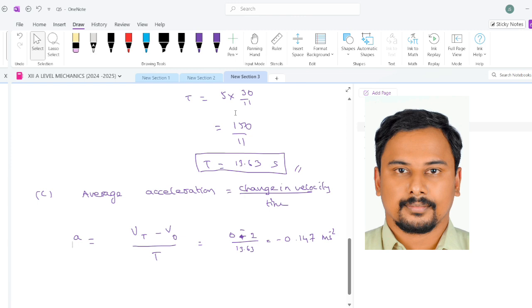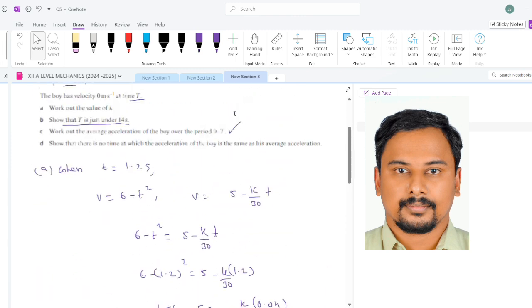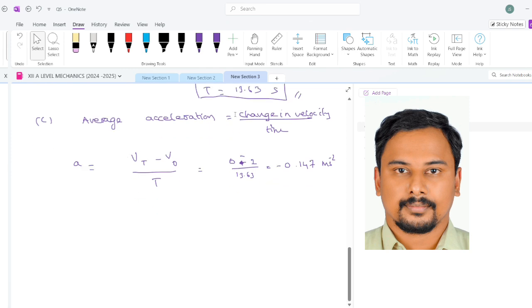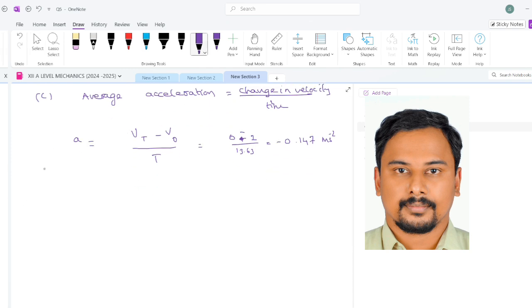Next, part D. Show that there is no time at which the acceleration of the boy is the same as his average acceleration. This is a little important, so see the logic there. First condition: when 0 is less than or equal to time less than or equal to 1, if you differentiate with respect to time, a is equal to dv by dt.